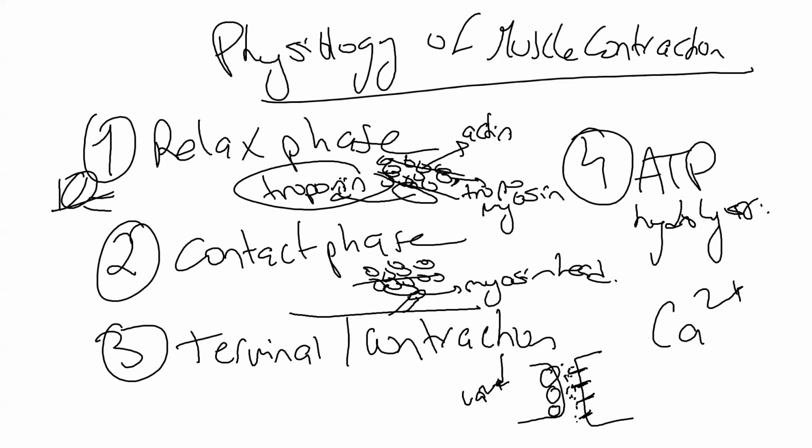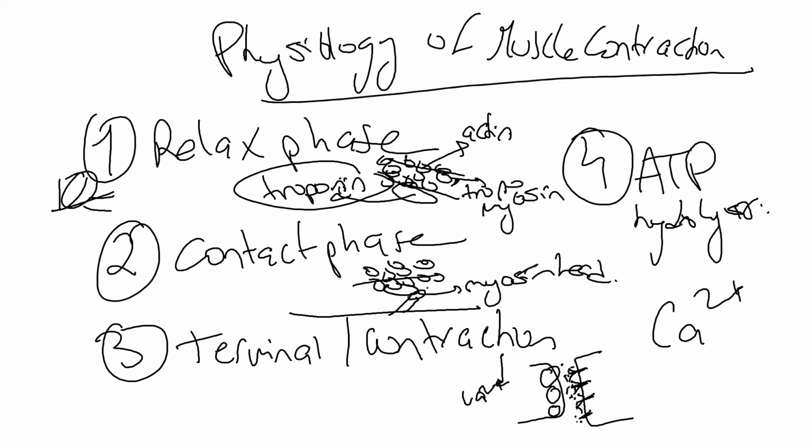When they sit here on the receptors, they give permission for the sarcoplasmic reticulum to start contraction. The moment they give it permission, this troponin will take a calcium ion. When it uses this calcium ion, it will allow the contact between the myosin head and this troponin.